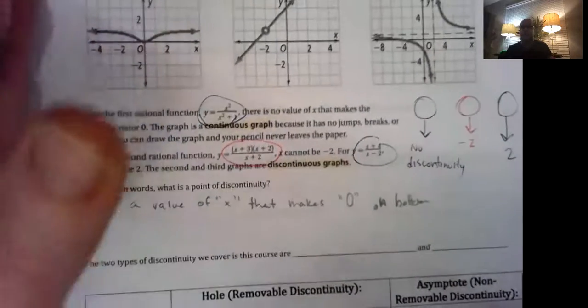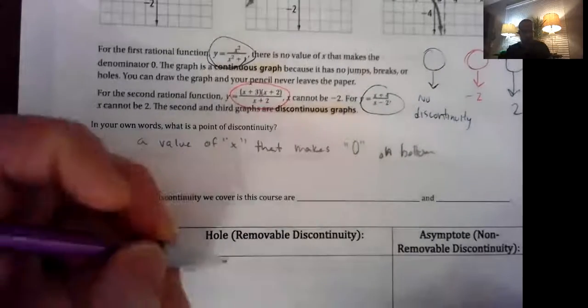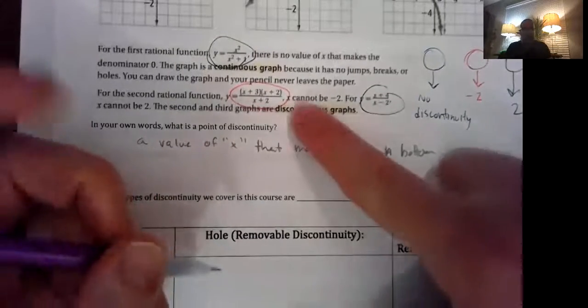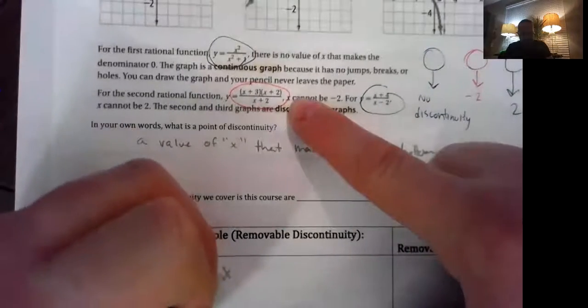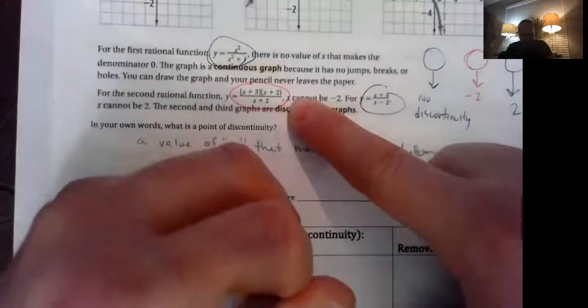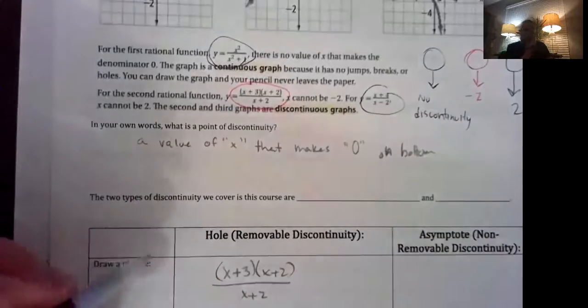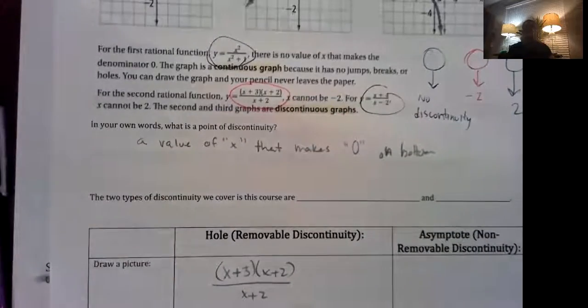What I really want to get to is what makes a hole. Okay, what makes a hole? And if I just write this problem I've circled in red down again, what makes the hole is this idea right here.